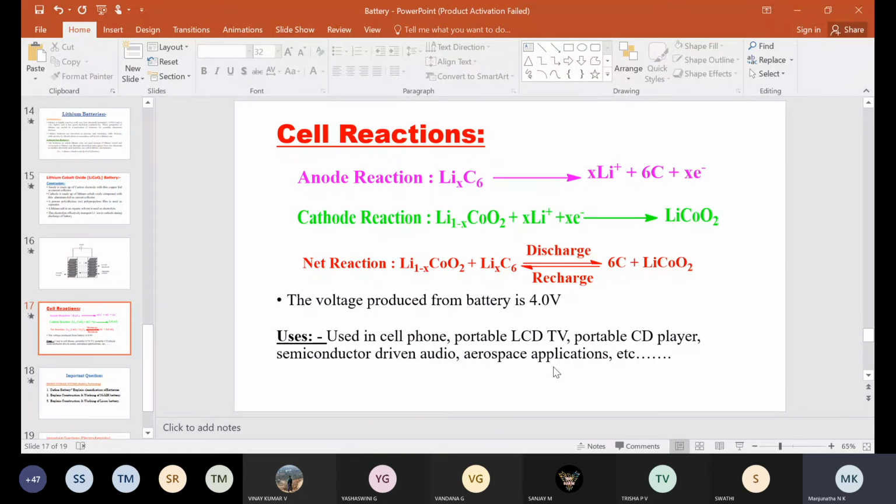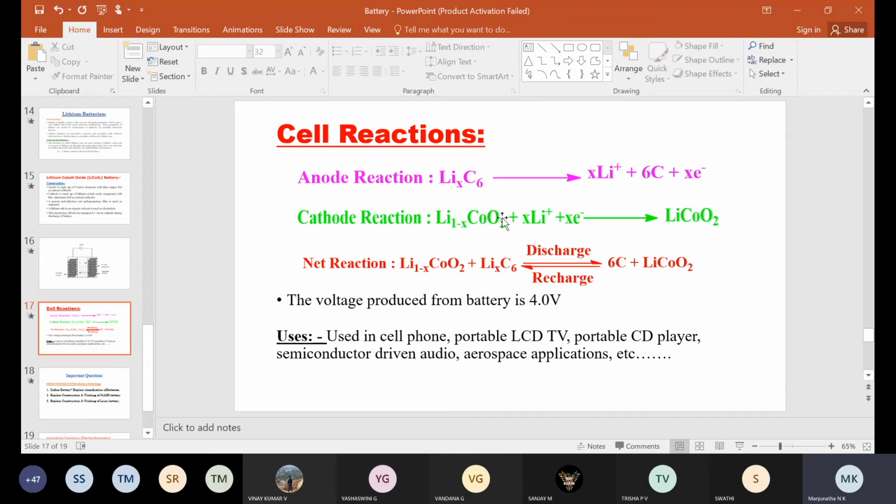Second one, cathode: lithiated cobalt oxide. In bracket, write Li1-xCoO2.